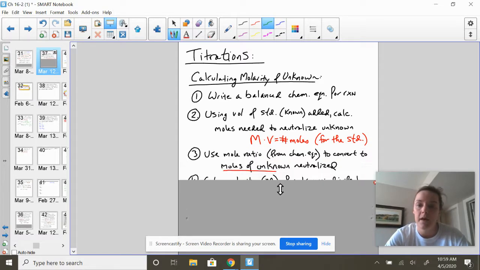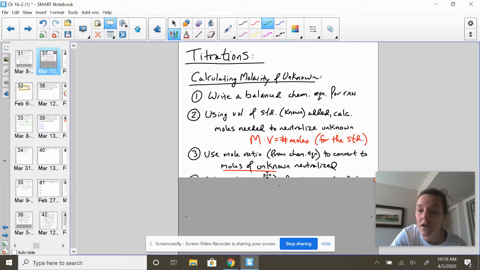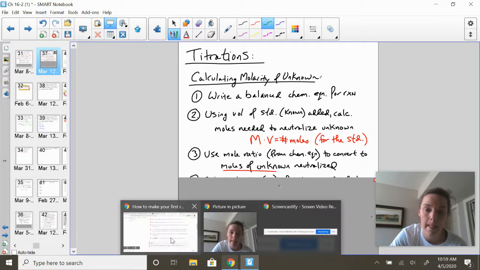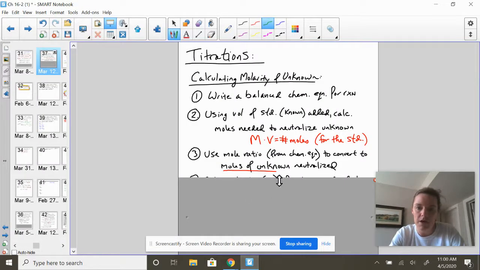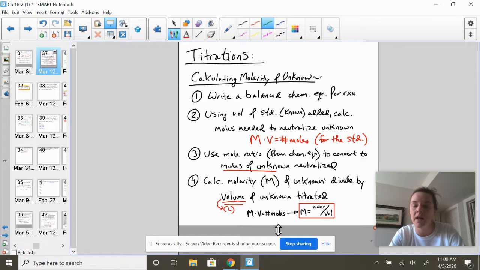Then you're going to use a mole ratio from the chemical equation to convert to moles of unknown neutralized. And finally, you're going to calculate the molarity of the unknown by dividing by the volume of the unknown.